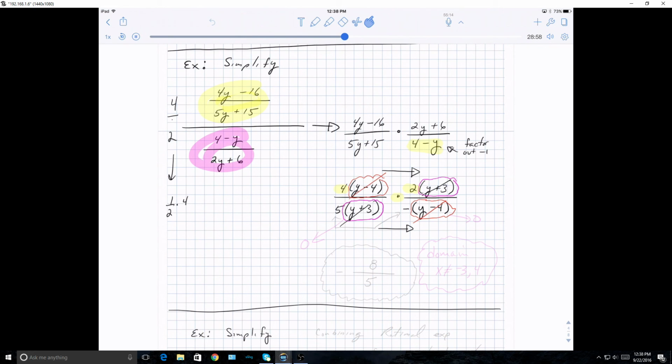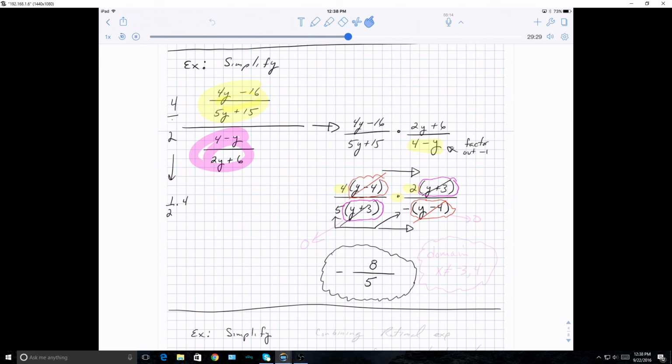So that would give us 8 divided by, well, this is really 5 times -1, so that would just be -8/5. Wow, that complicated expression reduced all the way down to this. Pretty cool, right?